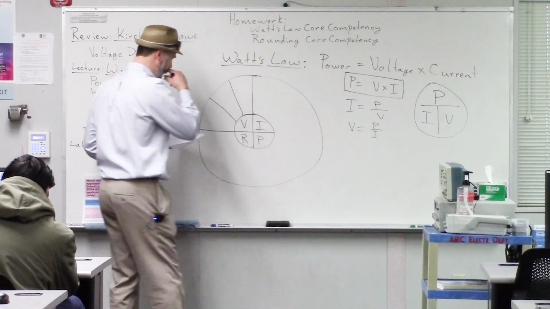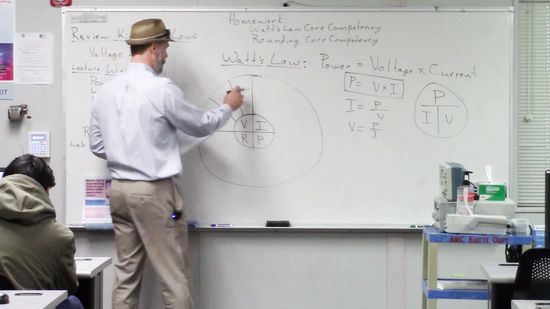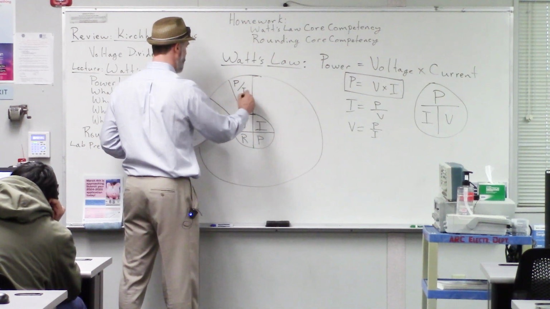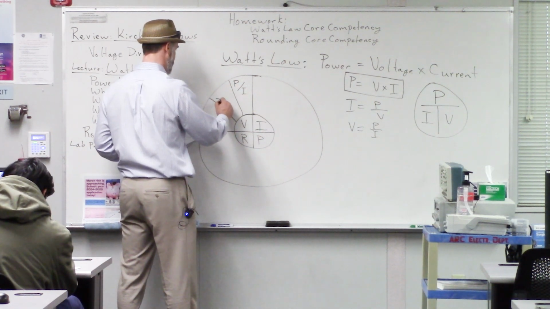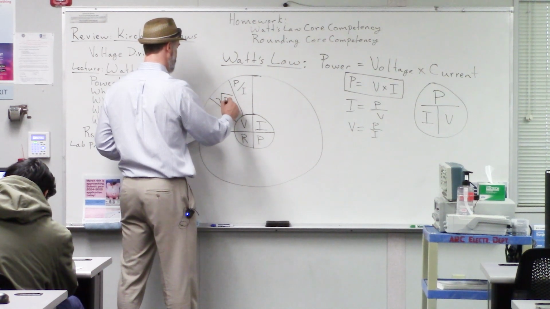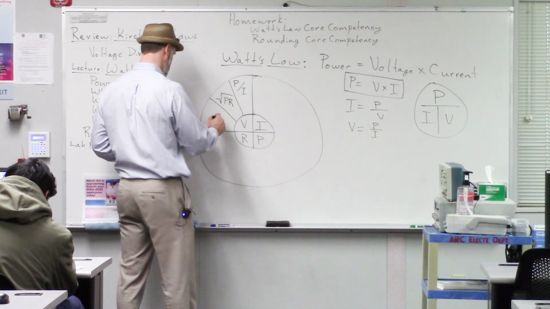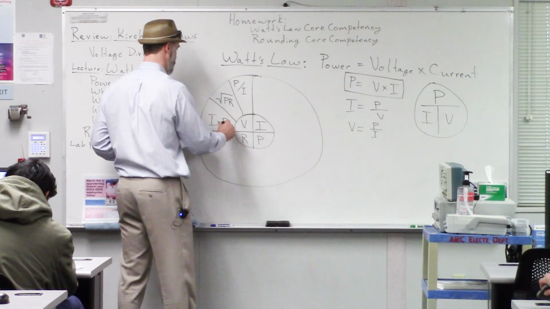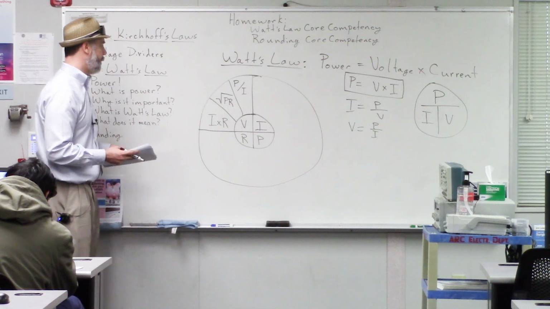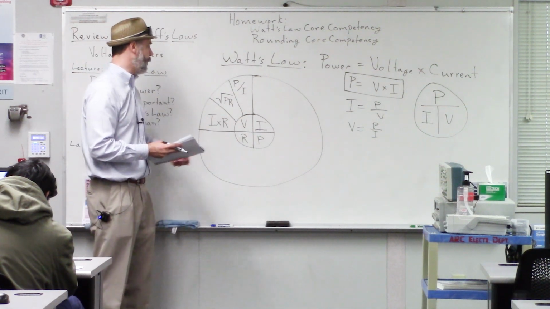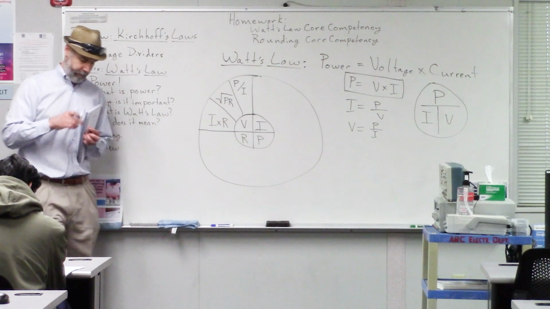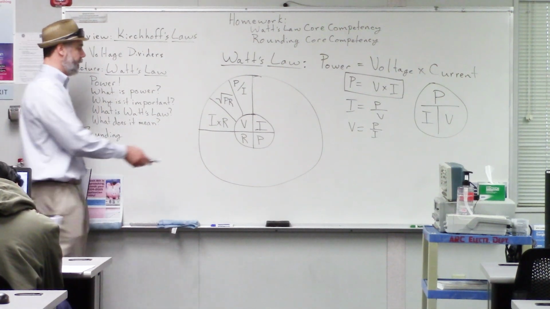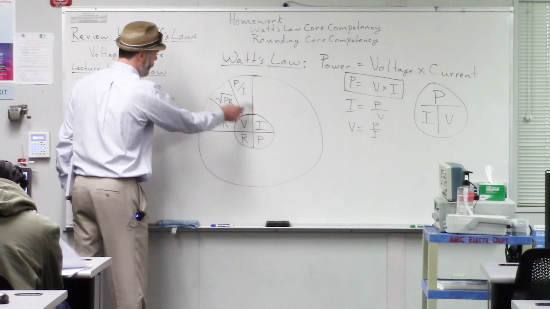For instance, over here on voltage, we can see that voltage is P divided by I, or you could also say that it's the square root of P times R, or you could say that it's I times R. Say we wanted to find voltage and we know the power and the resistance. I'm going to look in this quadrant.